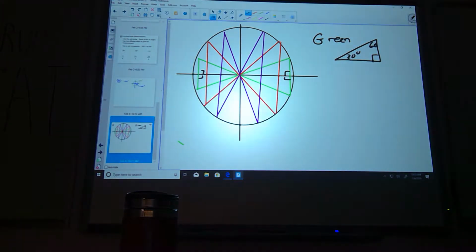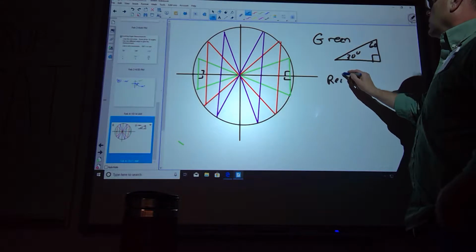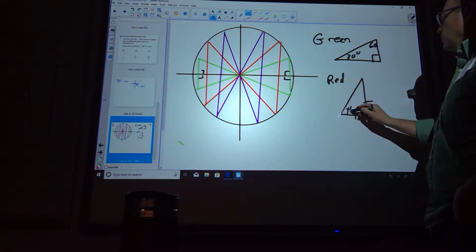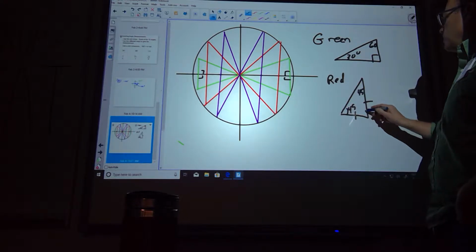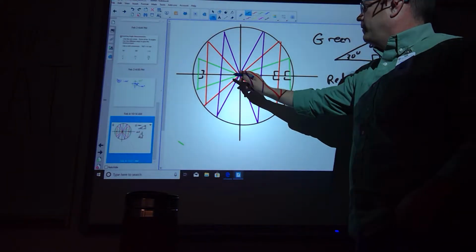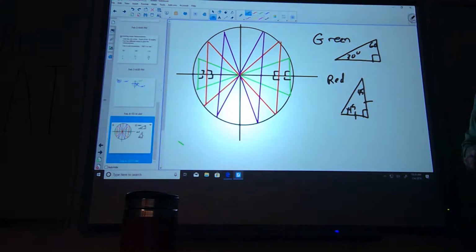So please note the 30-degree angle is coming off the x-axis. The red is the 45, 45, 90. Okay, so the red is the 45, 90, and again, it's coming off the x-axis where we make our triangle.